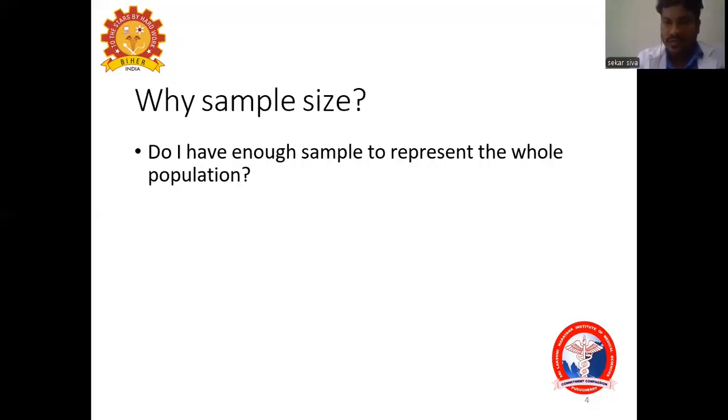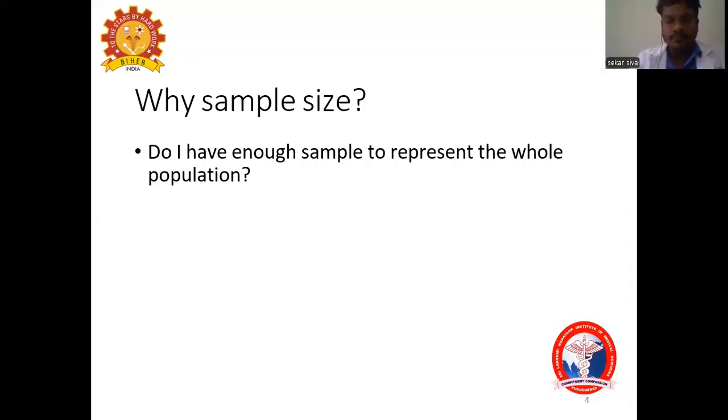It is more difficult and not cost effective. So we take a small group. That is the sample. The importance of sample size is to reduce manpower and finance, as well as to give an optimum effect size.